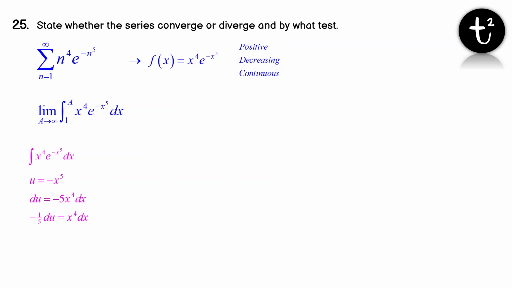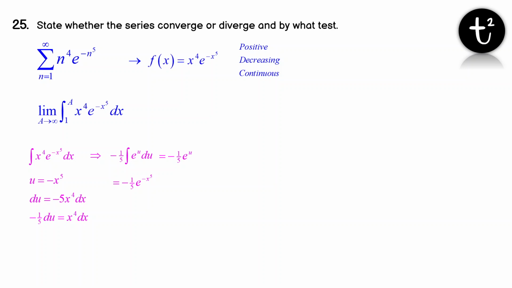We get -1/5 du equals x to the power 4 dx. So a substitution here yields -1/5 times the integral of e to the u du. This integral is equal to -1/5 e to the u. And then back substitution gives -1/5 times e to the -x to the power 5.